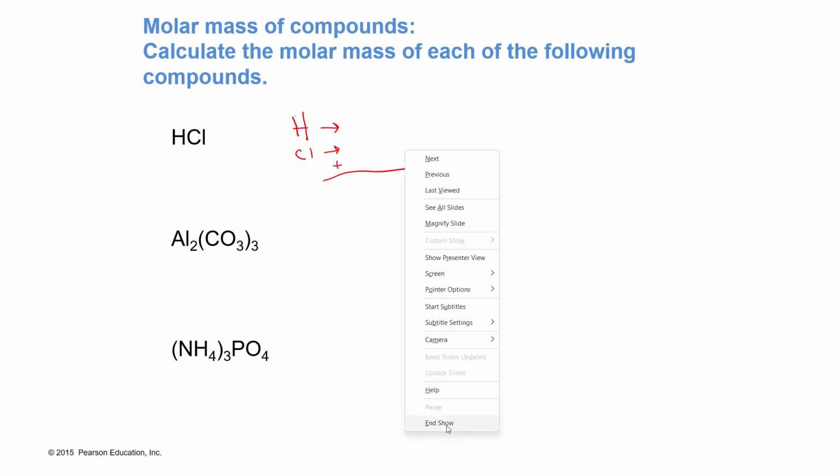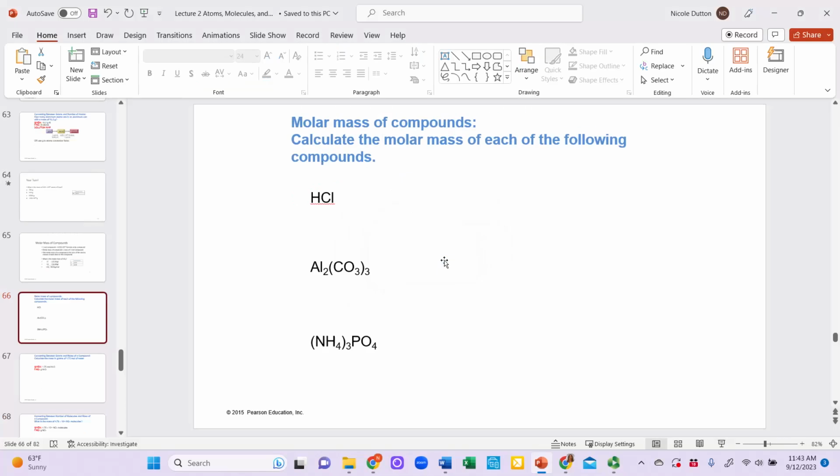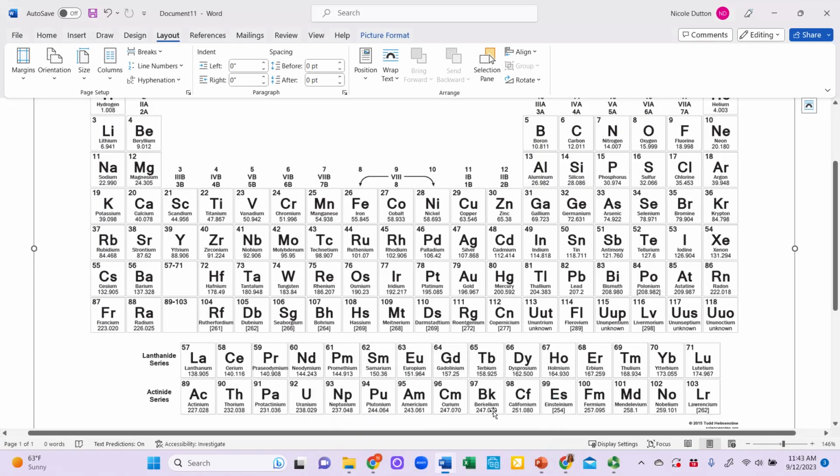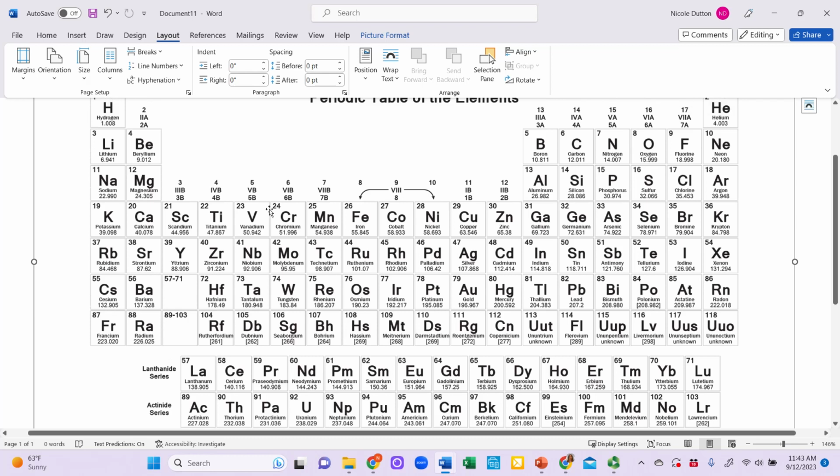Where do we get these masses from? We're going to go to our periodic table of the elements. We're going to go up to hydrogen. Hydrogen is 1.008, and chlorine is 35.453. So I'm going to round these just for the sake of this problem because these are on 2 separate screens. So hydrogen we're going to round to 1, chlorine we're going to round to 35.5 grams.